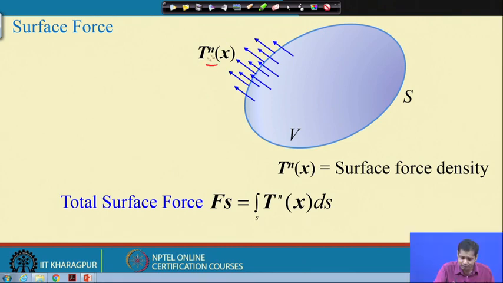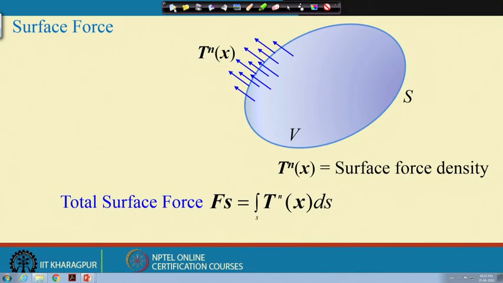Suppose T of x is a function which gives you how the traction, essentially the surface force density, is distributed over the entire surface. If we integrate it over the entire surface S, then we get the total surface force. So these are the two important forces that a body can have: the body force, for which gravity is an example, and the surface force, the forces acting on the surface of any arbitrary volume.